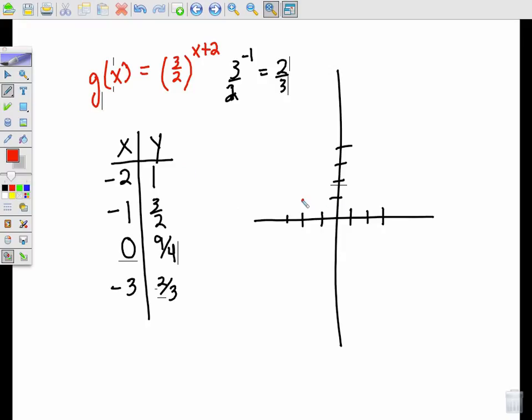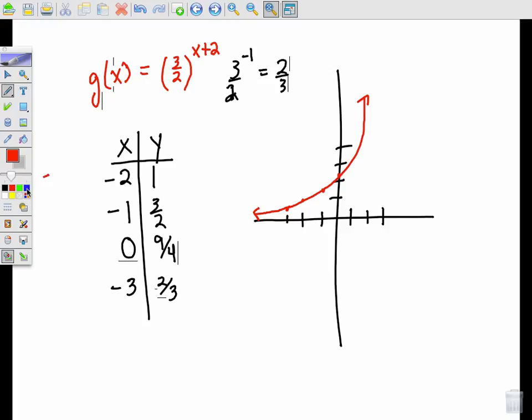All right, so we've got (-2, 1), (-1, 3/2), (0, 9/4), (-3, 2/3). It looks like my graph is going to cut through here, slowly increase, and slowly approach.